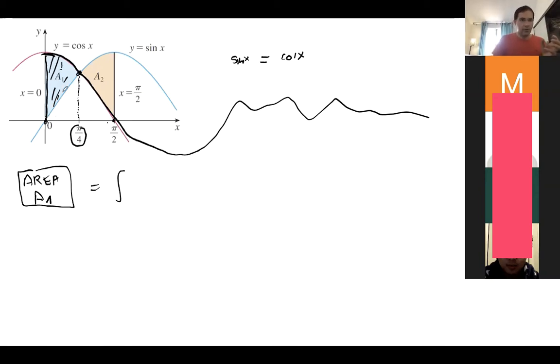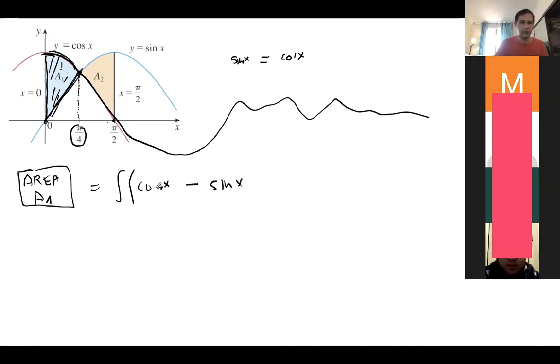So now, very simple, how do we compute this blue area? We take the big function, which is cosine x, and then minus the small function, which is sine x.